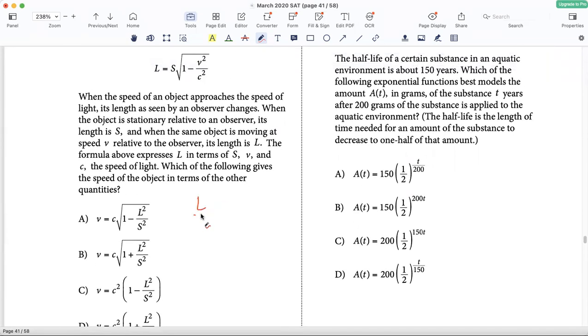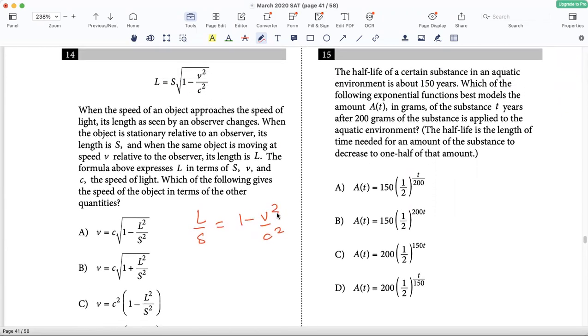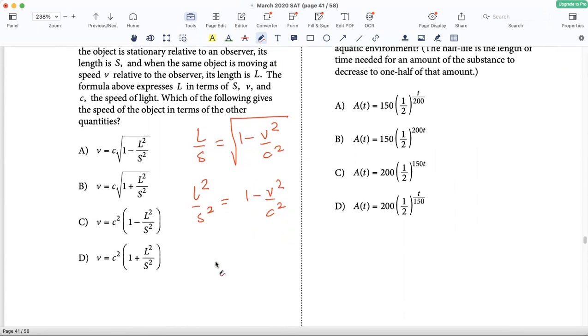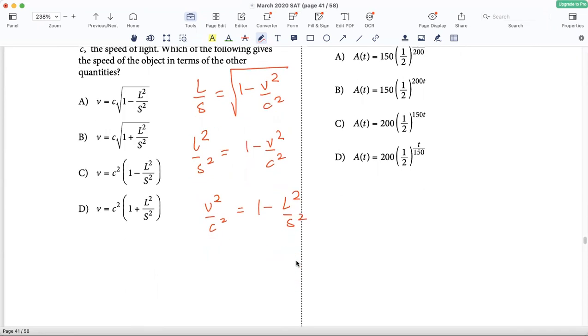So we can say L over S is the square root of 1 minus V square over C square. So if we square both sides, L square over S square is 1 minus V square over C square. So V square over C square is 1 minus L square over S square.